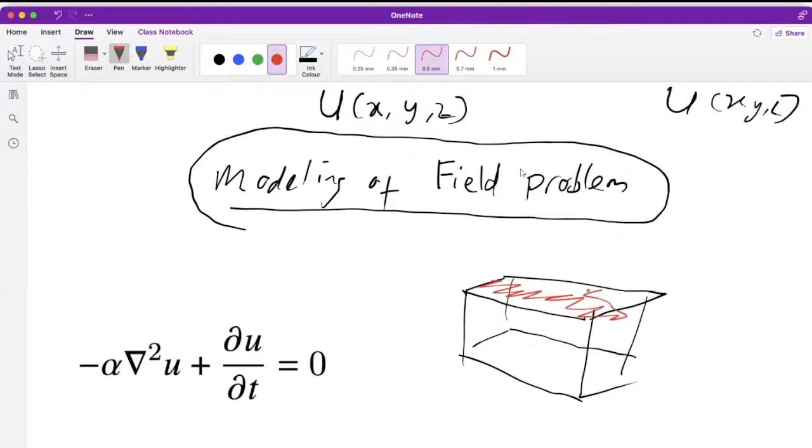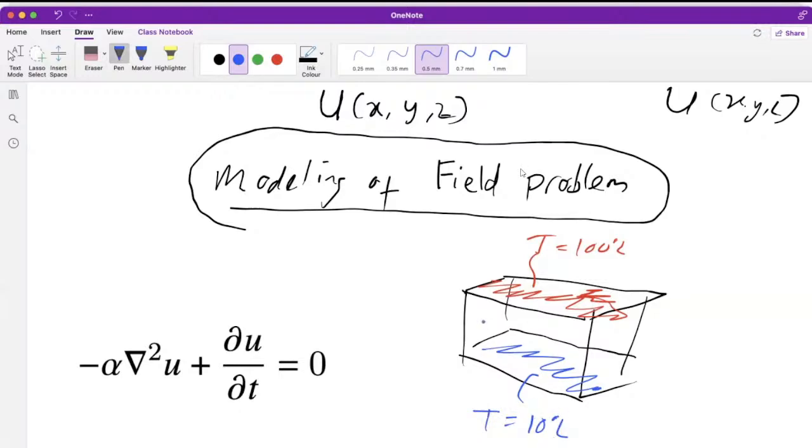The surface is hot, let's say T equals 100 degrees Celsius, and at the bottom here, it's cold, maybe T is 10 degrees Celsius.